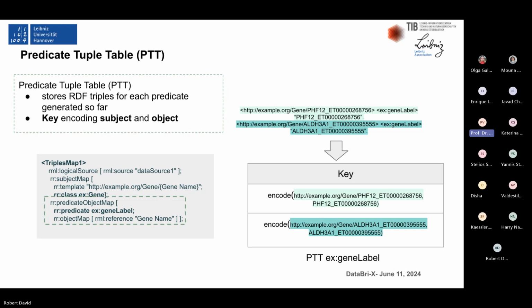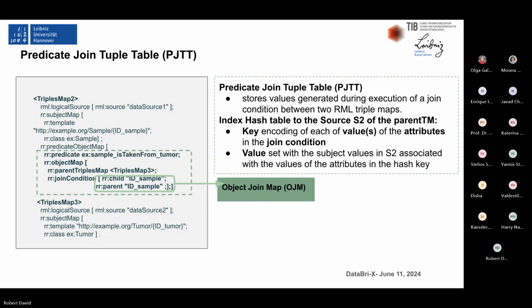For example, suppose we have these two tuples that were generated for the predicate gene label. In this index structure, what we have is the encoding of the subject and the object of these triples that were generated. So please go next.